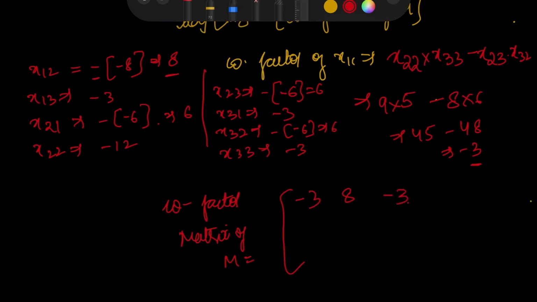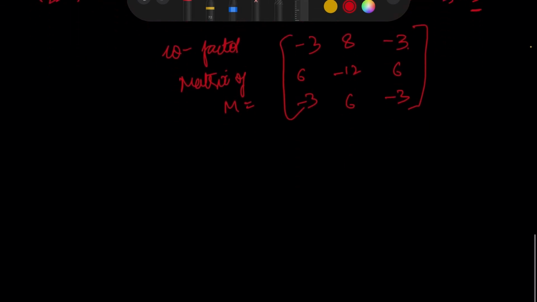I'm just putting all the values that I've got by finding the cofactors. And x21 is 6, x22 is negative 12, x23 is 6, x31 is minus 3, x32 is equal to 6, and x33 is equal to negative 3. Right?